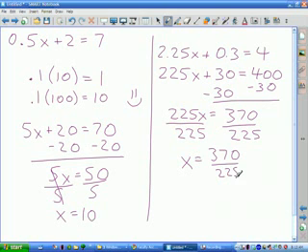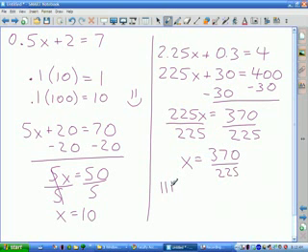Any questions? And of course, the obvious would be, well, how many times will 5 go into 370? Well, into 100 it will go 20 times, right? So here's 20, 40, 60. That's 300, right? And then you've got 3 more.